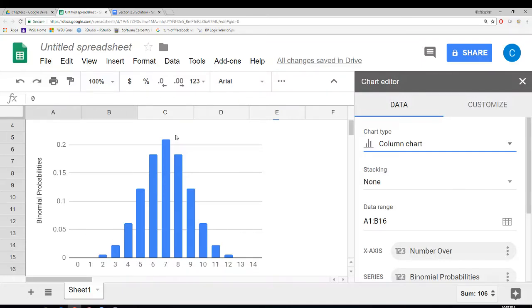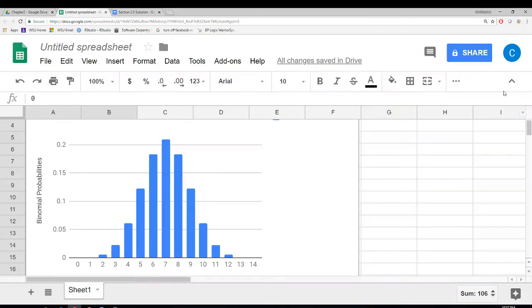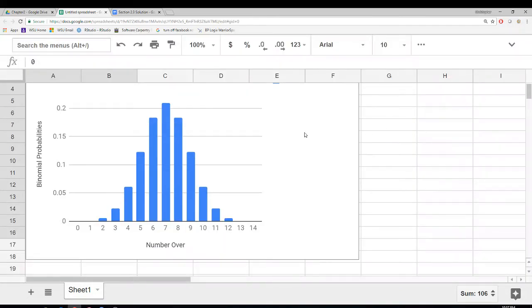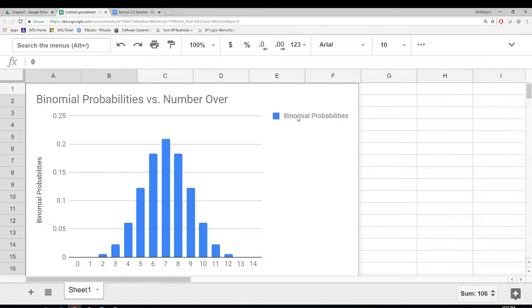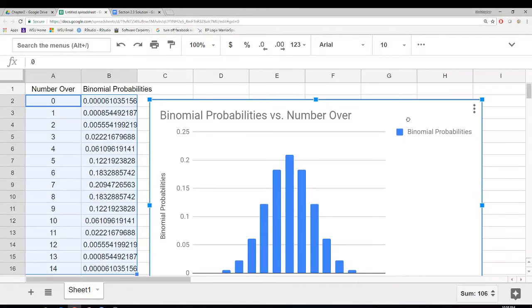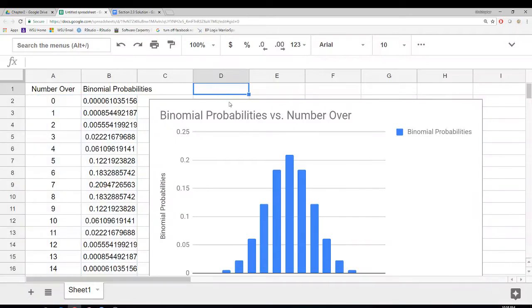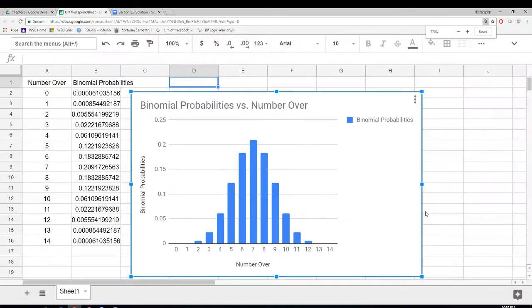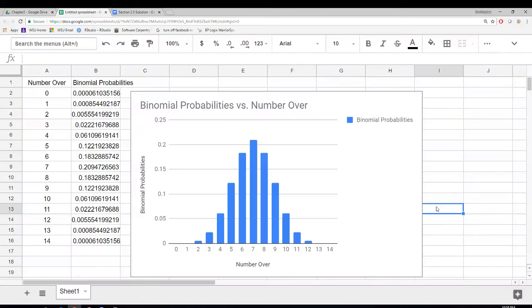And then their corresponding binomial probabilities are what's plotted on the y-axis. Let's go ahead and come back to our spreadsheet here. Slide that plot over a little bit if we want. And now we have the binomial probability values along with the corresponding reference distribution shown here on the screen.